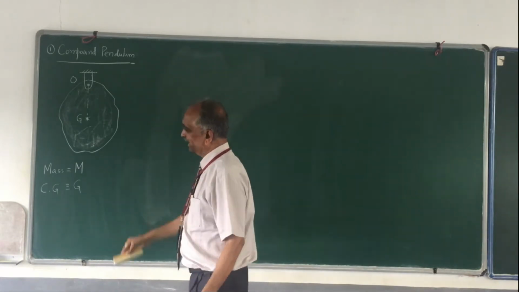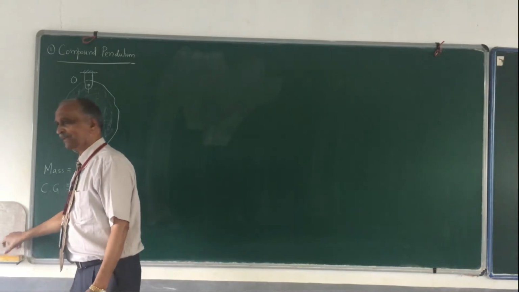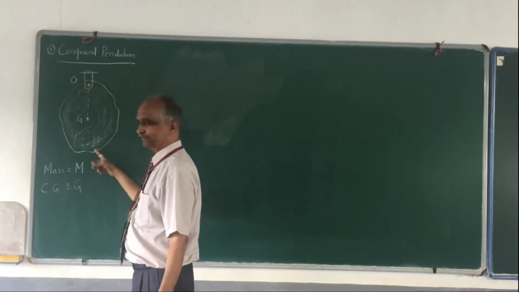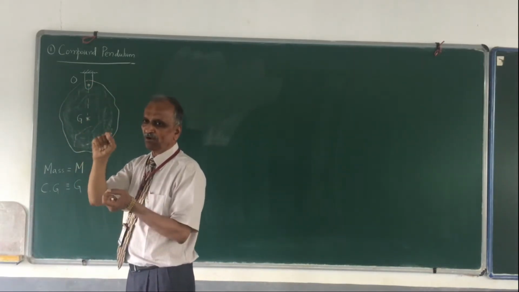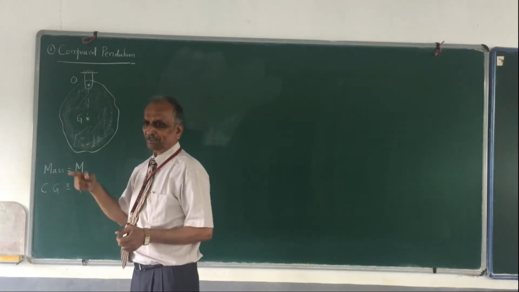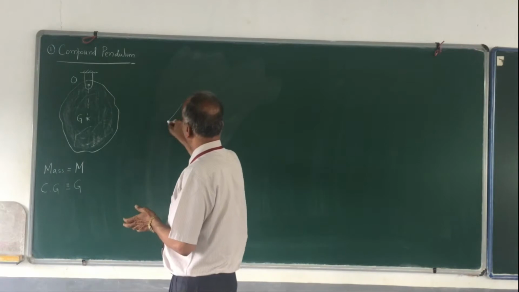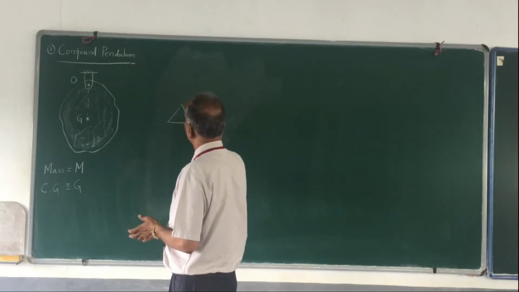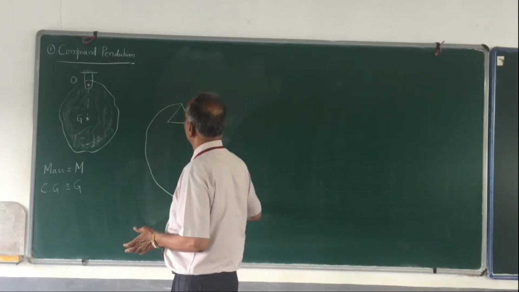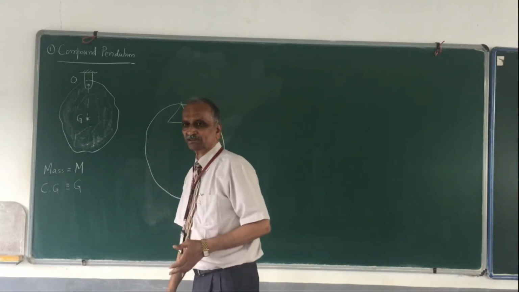So now let me come back here. I have a body. I have made a small hole in that body. Then I have something called a knife edge. This is how the body is.